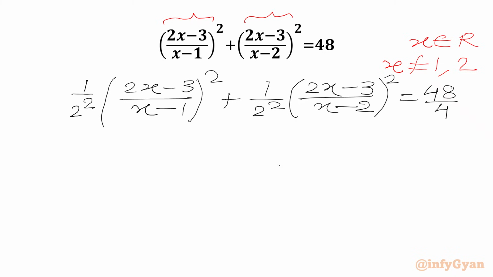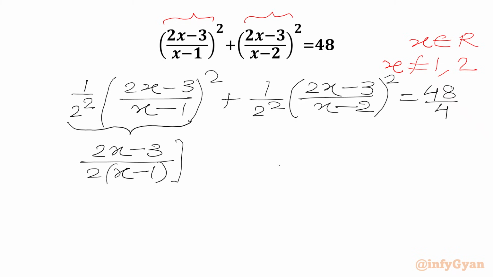Now we are going to club these two terms, 2 square and (x - 1) square. As we have the same exponents, we can multiply 2 with (x - 1) with whole power 2. So we'll write here (2x - 3)/(2(x - 1)) whole power 2.